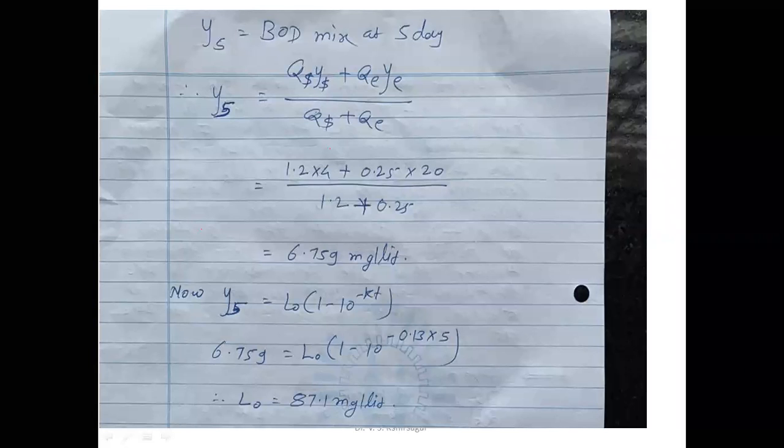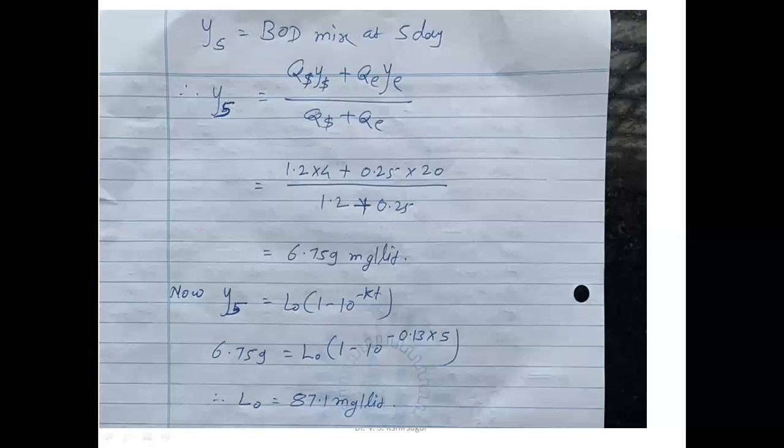We have been using the Y5 notation for a long time for the BOD of the mix. Y5 is equal to QS into YS plus QE into YE, upon QS plus QE. With the help of this equation, you can determine the BOD of the mixed quantity.